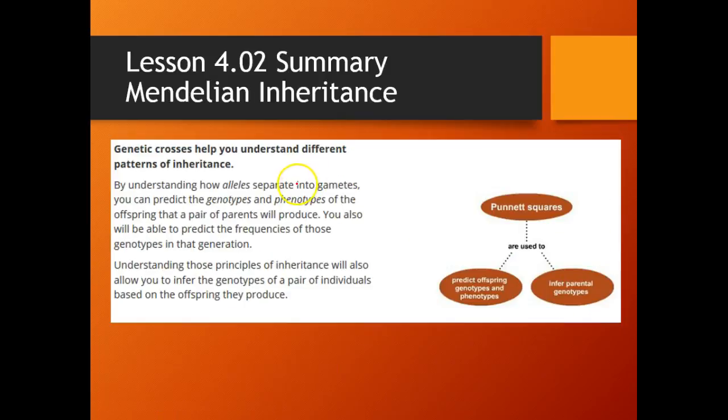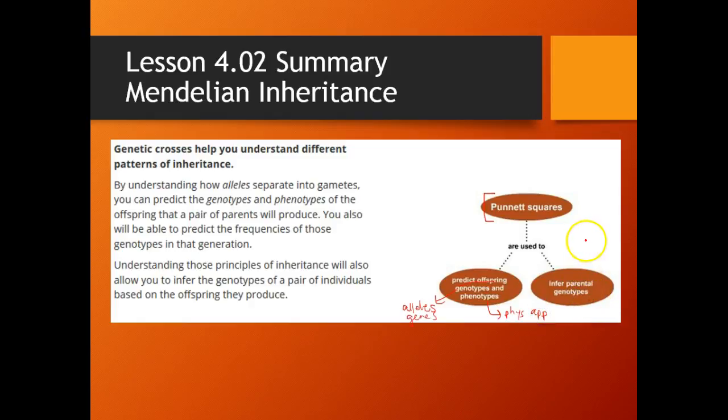Okay, so the overall thing that you should have understood from this lesson is how to use a Punnett square to predict offspring's genotypes, which remember are the alleles of certain genes that an individual has, and how that can help us predict phenotypes, which is the physical appearance as well.